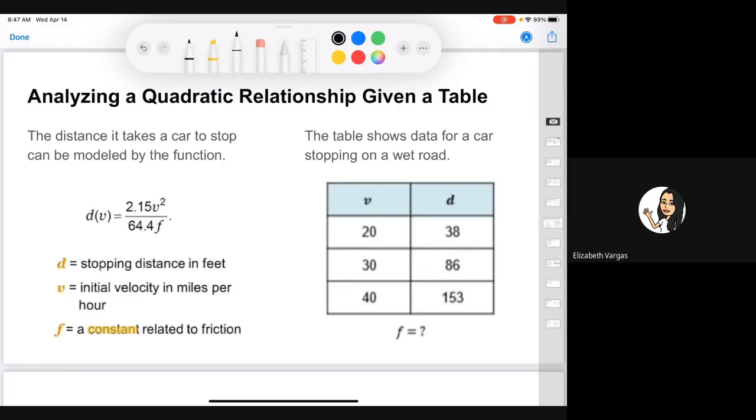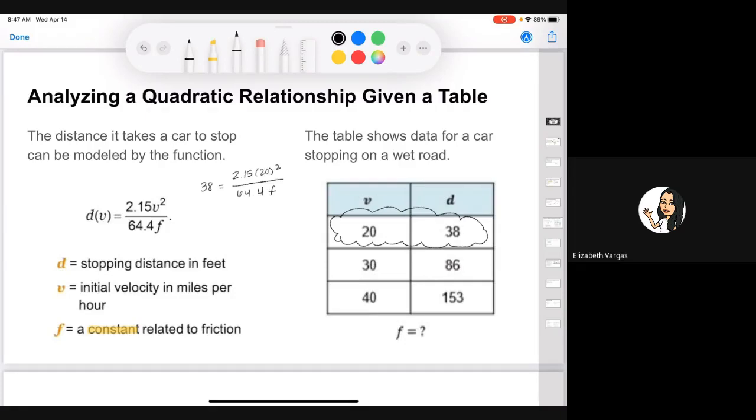So I need to identify what my f is. The way that I'll identify my f is I'll choose one point on the table. I'll choose these, and this is what I'll plug in in order to solve for my f. So my d is 38 is equal to, my v is 20.